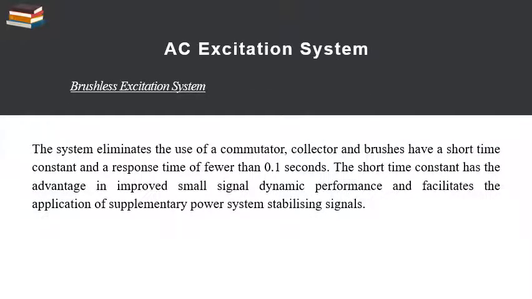The system eliminates the use of commutator, collector and brushes, having a short time constant and a response time of fewer than 0.1 second. The short time constant has the advantage in improved small signal dynamic performance and facilitates the application of supplementary power system stabilizing system.